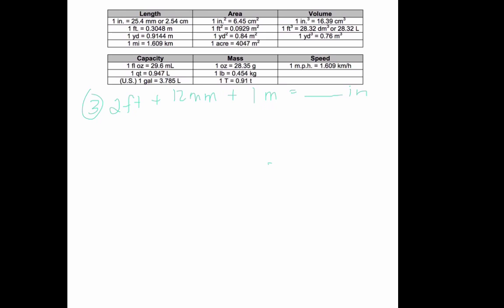Okay, here's the last problem that we're going to do today. Number 3, we have 2 feet plus 12 millimeters plus 1 meter. We need to convert them all into inches. So we have feet going to inches, millimeters going to inches, and meters going to inches. We're going to take these one at a time. So our first one, 2 feet. T-chart.